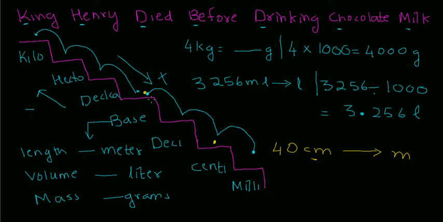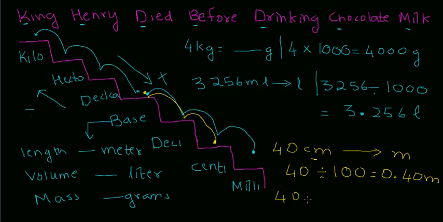Since we have to reach from centi to meters, that's climbing up the steps. 1, 2. So 40, since it's climbing up, it would be divide by 1 followed by how many zeros? The zeros correspond to the number of steps. That would be 2. So this will give me 0.40 meters.